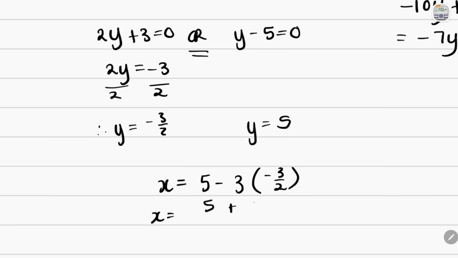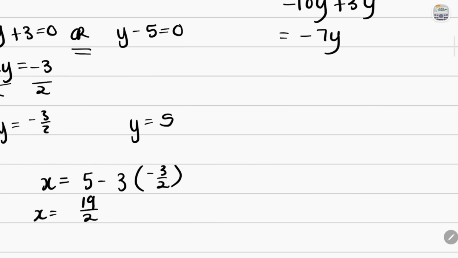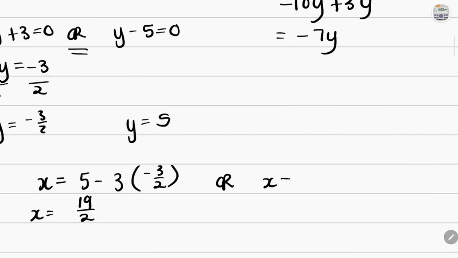So 5 plus 9 over 2, we can express this over 2 by putting it as 10 over 2, which is 5. And then that is 19 over 2. So x equals 19 over 2, or the second solution for x is 5 minus 3 multiplied by, and we'll substitute this y value of 5. So that becomes negative 15.